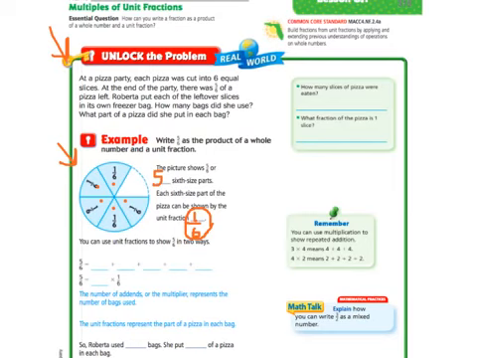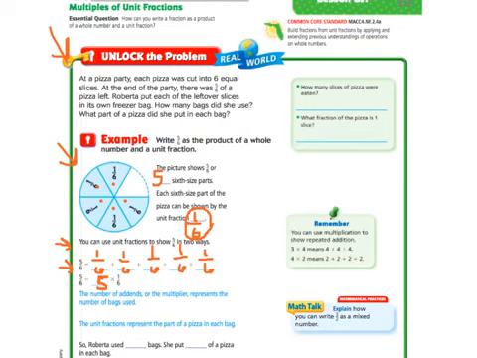So we're going to use what we know about unit fractions to show this in 2 ways. So we have 5/6, which is 1/6 plus 1/6 plus 1/6 plus 1/6 plus 1/6. Or we're doing 1/6 5 times. So we write that as a big number 5 times 1/6. The unit fraction represents the part of a pizza in each bag.